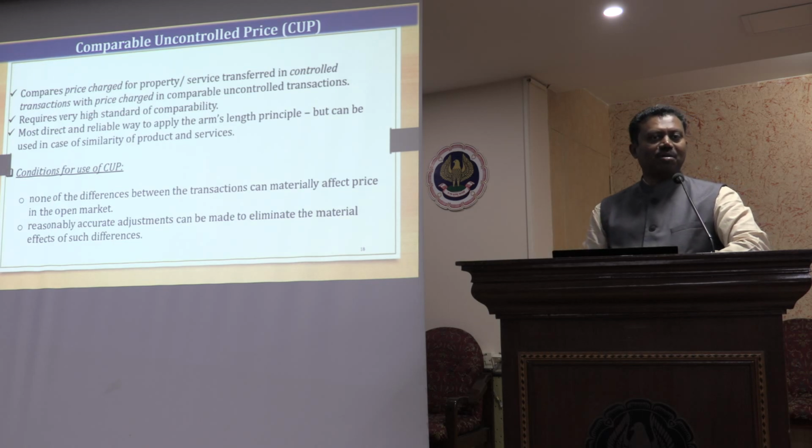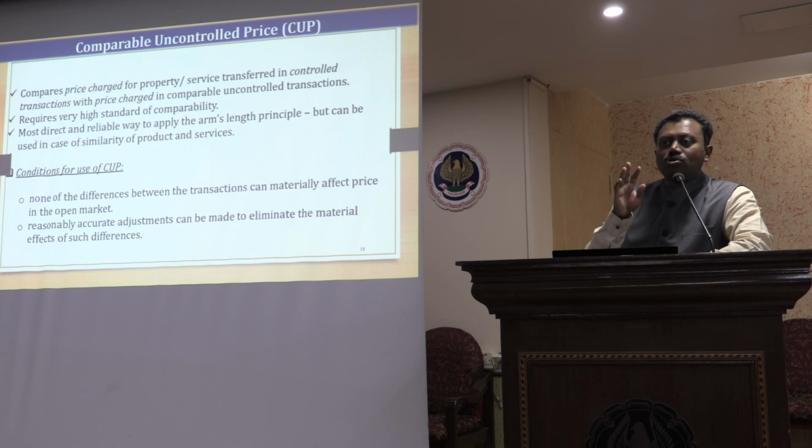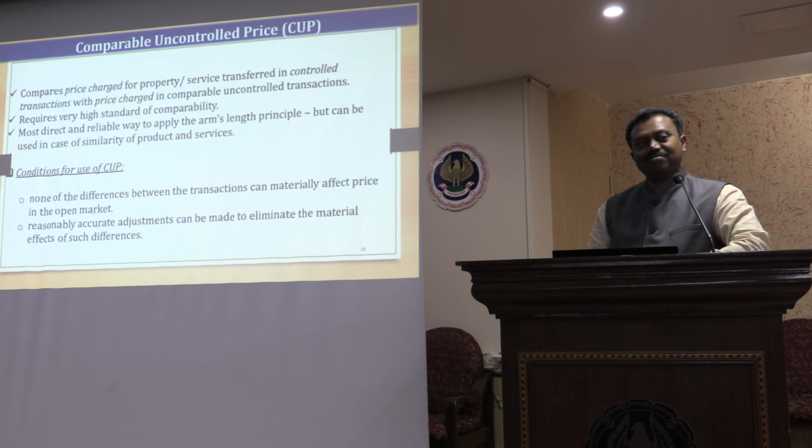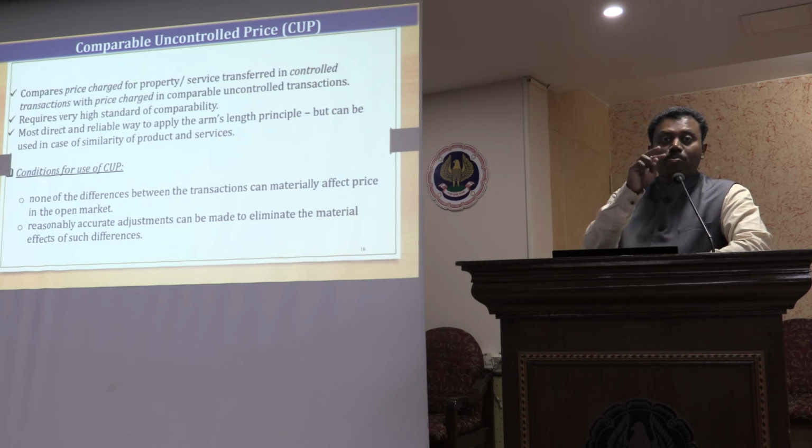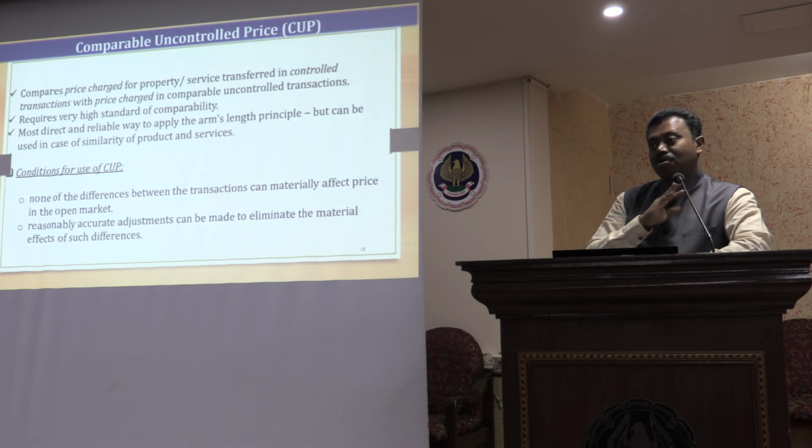Now it becomes comparable. But there also challenges arise because your associated enterprise is in USA, your uncontrolled transaction party is in Germany. Now the price that you use for your product in the US can be different from the price that you use for your customer in Germany.